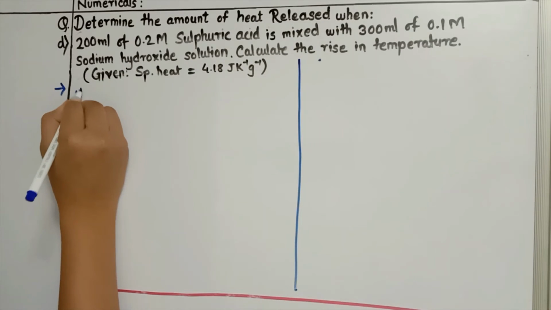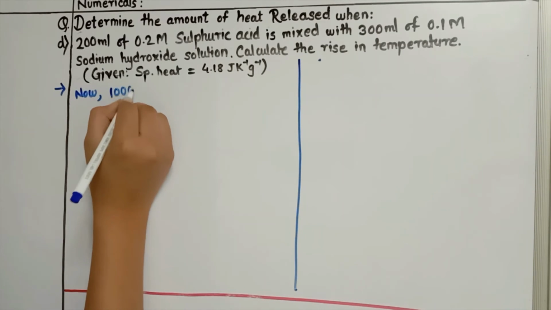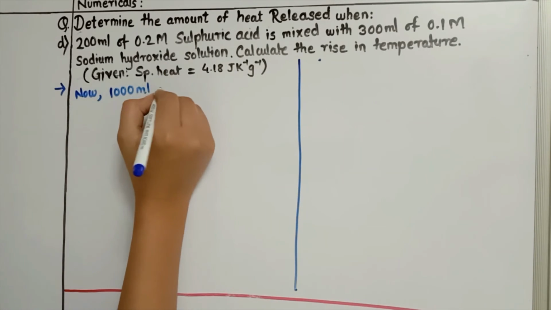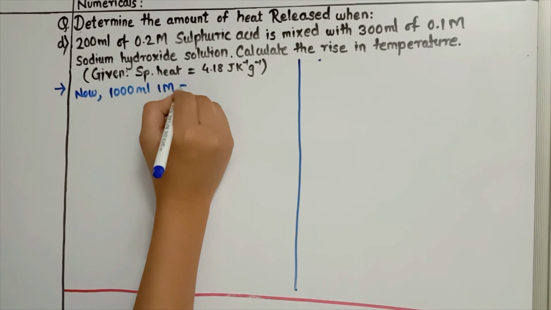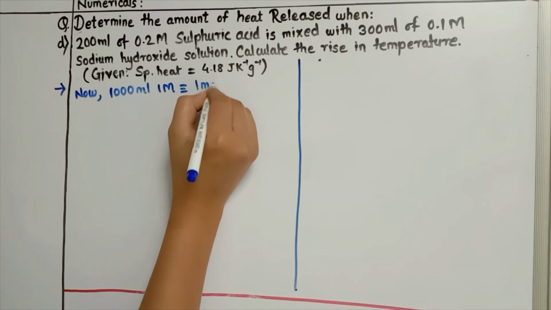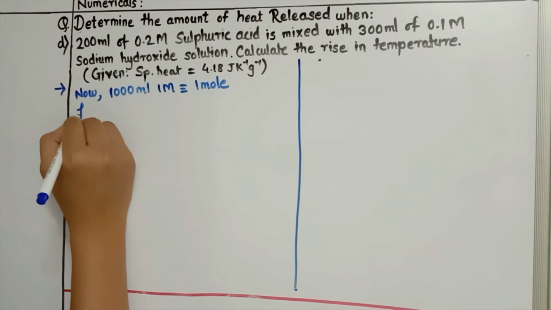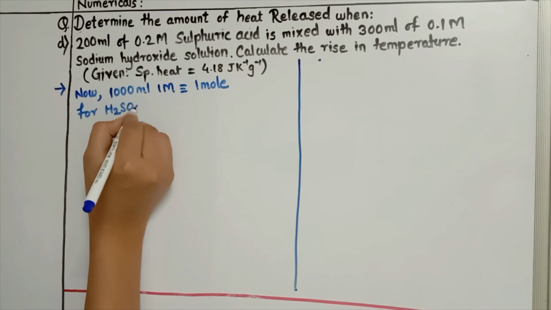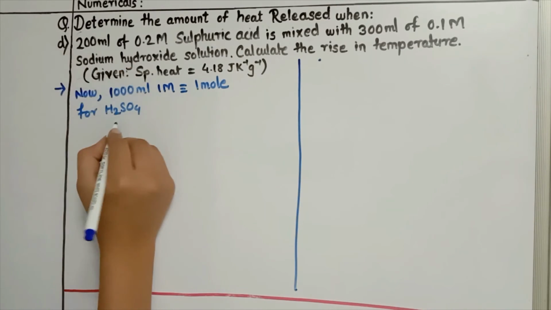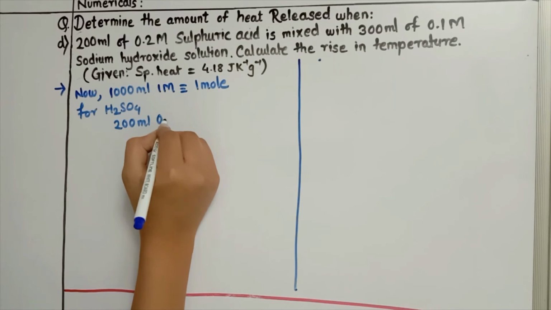So now we will calculate the number of moles. We have seen this relation in the previous example, that is 1000 ml, 1 molar is equivalent to 1 mole. Okay. For H2SO4, the given is 200 ml, 0.2 molar.